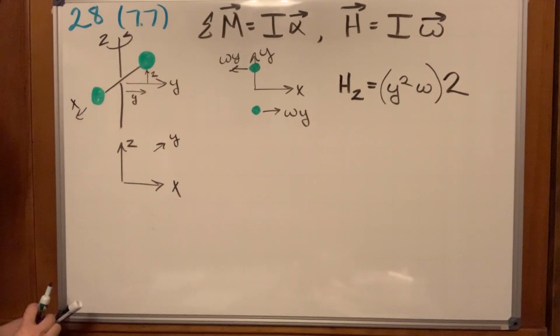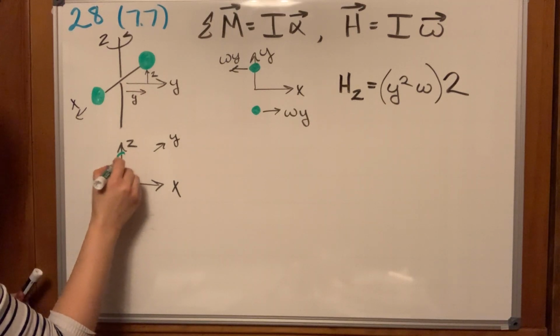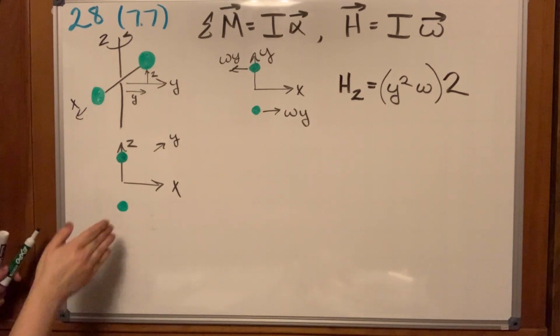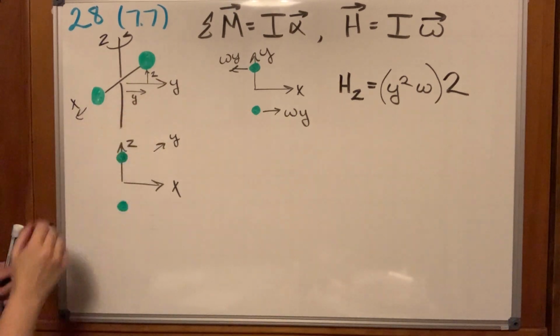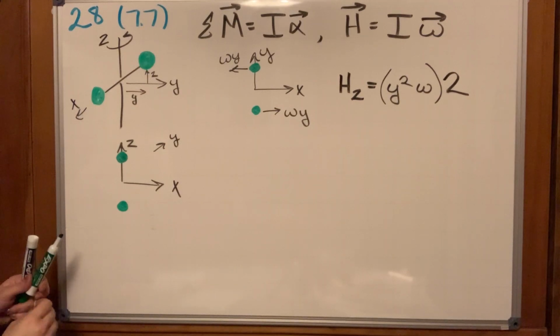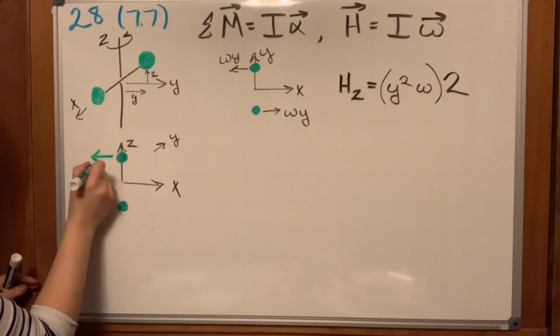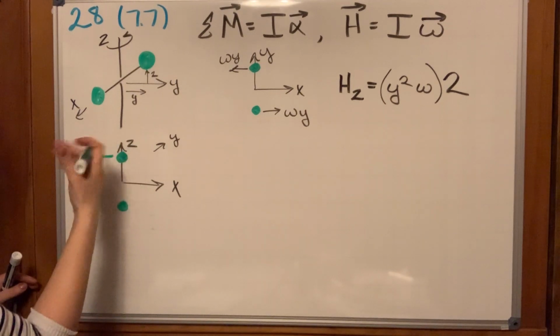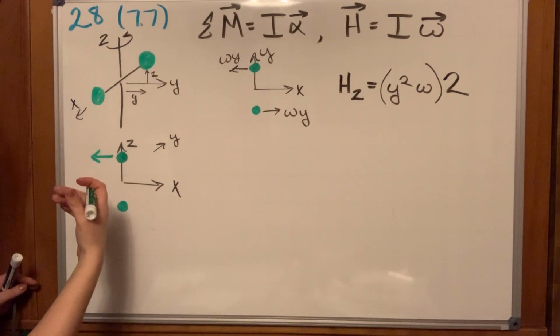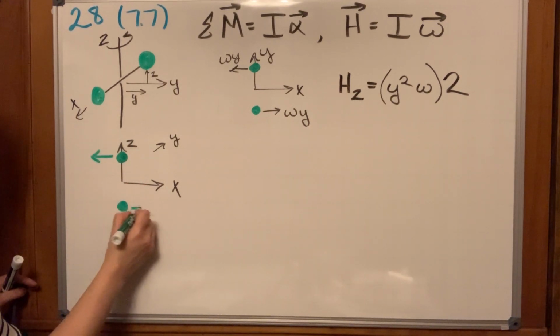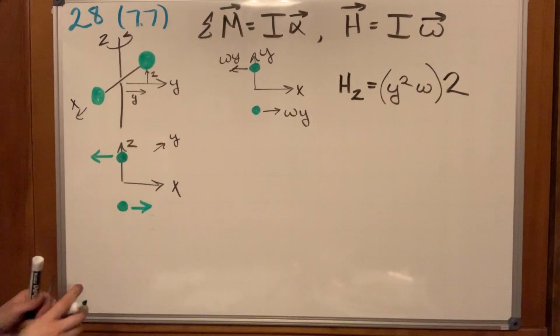And so we've got one ball up here and one ball here. And this ball is kind of back into the paper, so it is moving this way. And this ball is towards us, so it's moving this way.